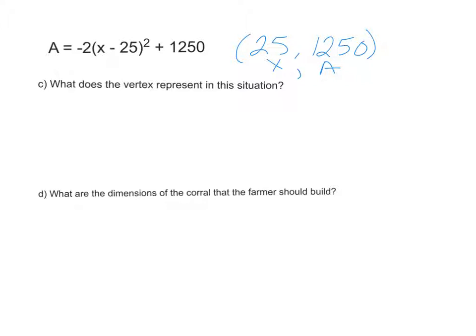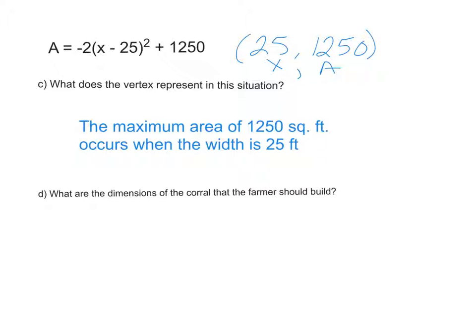So what's the maximum area that he can get with that 100 feet of fence? Yeah, 1,250 square feet. How does that happen? How does he get to that area? 25 on each side, right. The maximum area of 1,250 square feet occurs when the width is 25 feet.